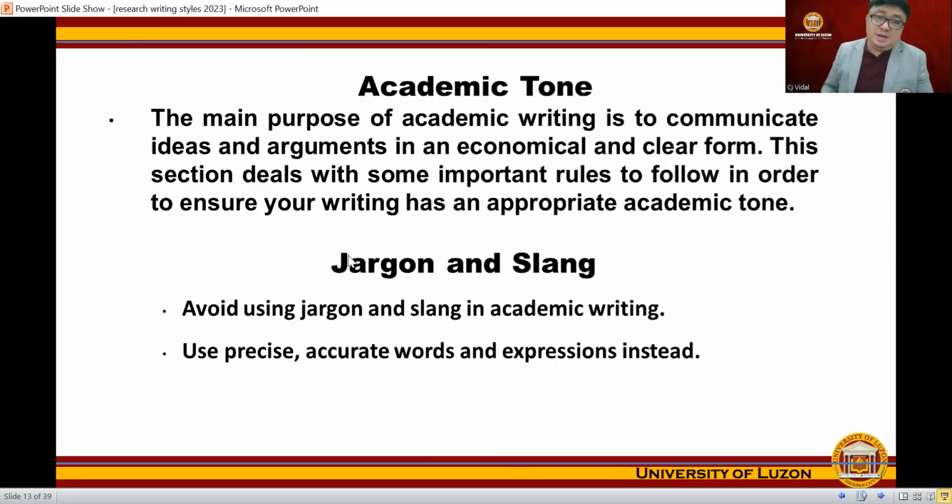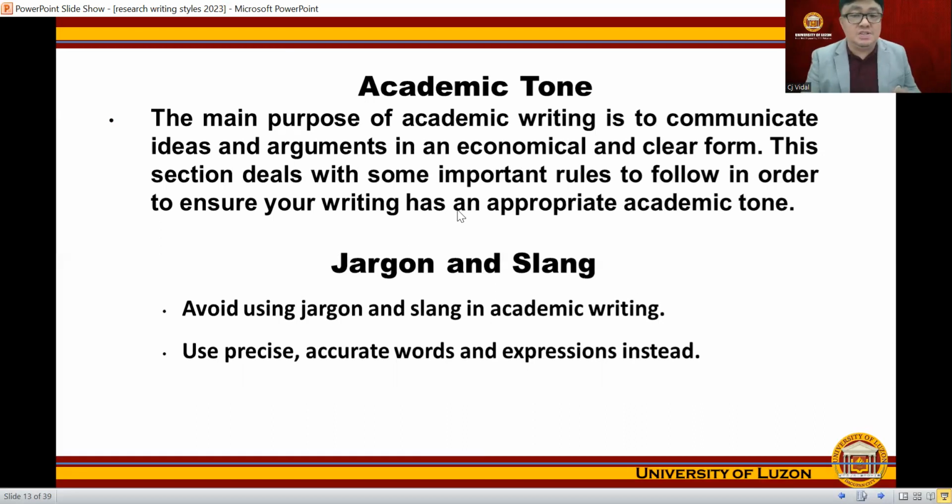It is to be always remembered that the main purpose of academic writing is to communicate ideas and arguments in an economical and clear way. So this particular session will deal with some important rules to follow in order for you to ensure your writing has an appropriate academic tone.